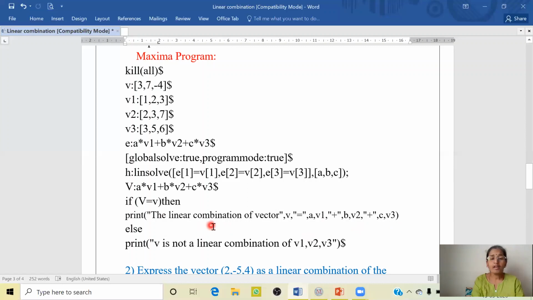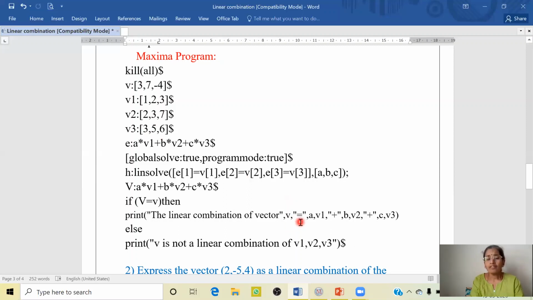Here, while giving the print command, we need to remember that within the double quotes, we are going to give the running text here, and the elements which need to be expressed in terms of the substitution, that is the vectors over here in the form of 3, 7, -4, or 1, 2, 3, or 2, 3, 7, we need to put those things once again within the ordinary commas so that it will be expressed in the output.